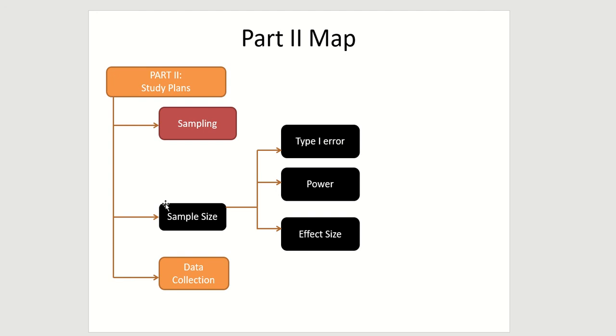That is usually answered by a statistician, by providing these 3 pieces of information to the statistician so that the statistician can calculate the sample size needed. So the type 1 error, the power, and the effect size. All right, so let's talk about each one separately.